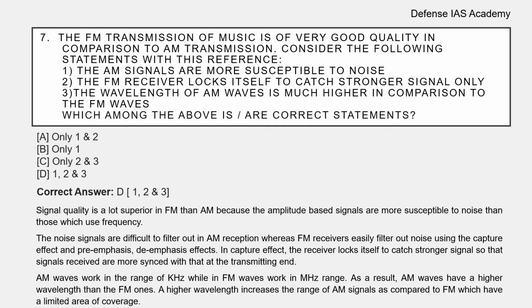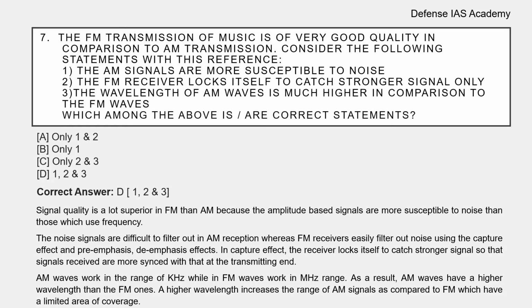Signal quality is a lot superior in FM than AM because the amplitude based signals are more susceptible to noise than those which use frequency. The noise signals are difficult to filter out in AM reception, whereas FM receivers easily filter out noise using the capture effect and the pre-emphasis de-emphasis effects.